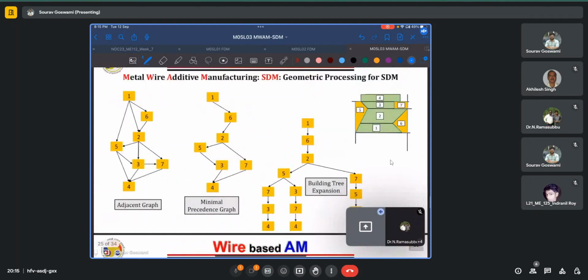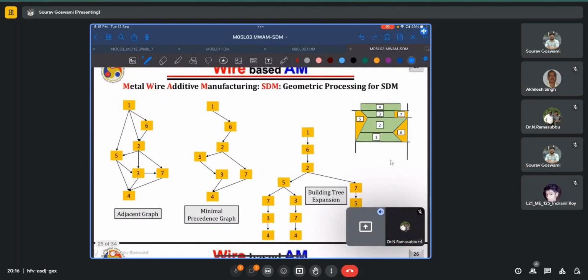So I'll just take a quick minute to explain this example. So here we had a geometry without slicing planes, which looked something like this.